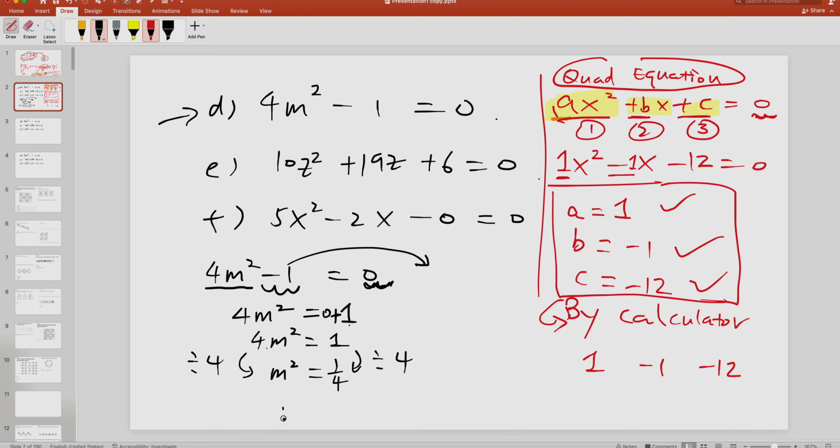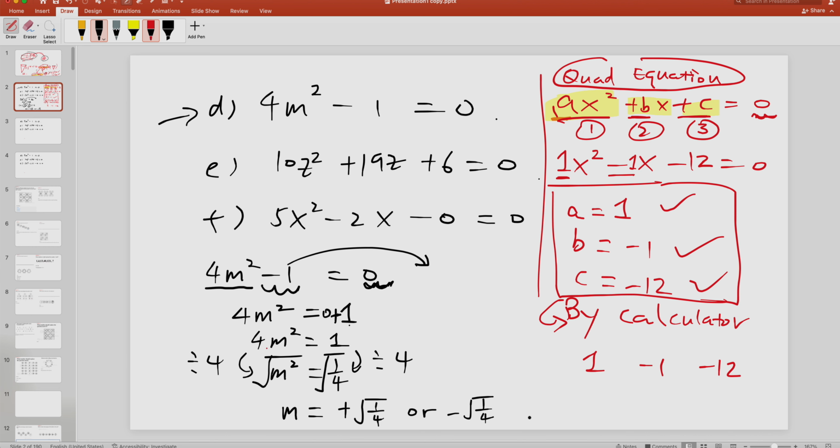How do you get m? Square root. Yes, you square root both sides. Because it's the even power, you will end up with plus square root 1/4 or negative square root 1/4. So what is square root 1/4?